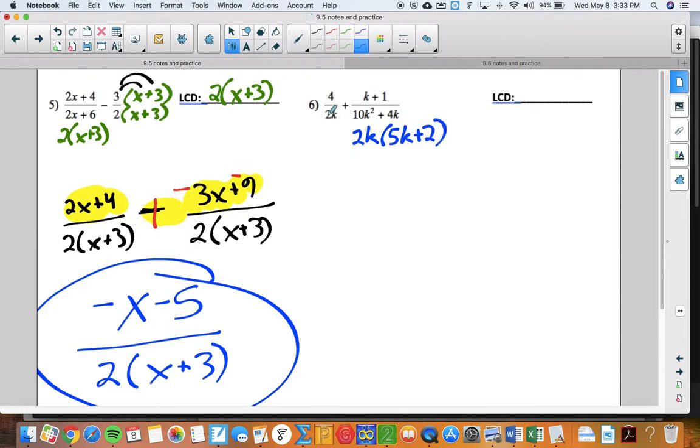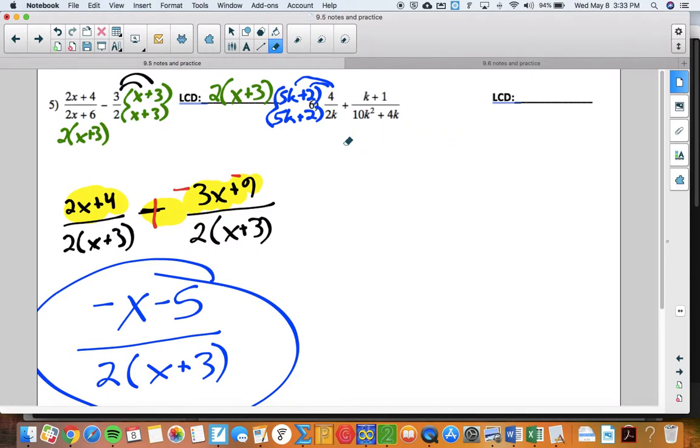Now this left side already has a 2k, so all I need to multiply the left side by to match this right side is this 5k plus 2.